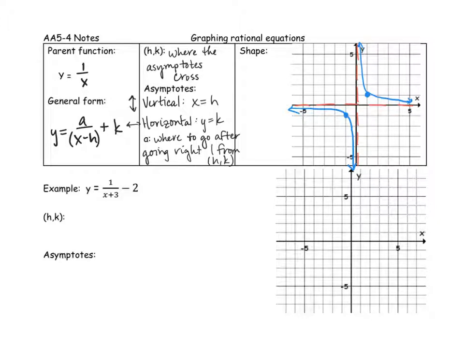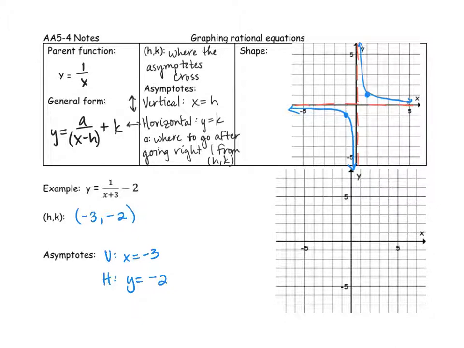So if I'm looking at this example, my HK point is -3, remember, H is always opposite of what you think, and -2. That means I'm going to have a vertical asymptote at x equals -3 and a horizontal one at y equals -2.